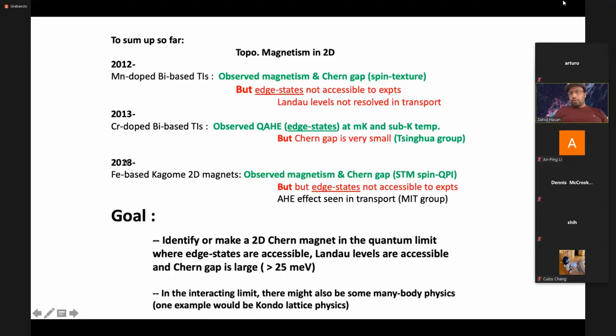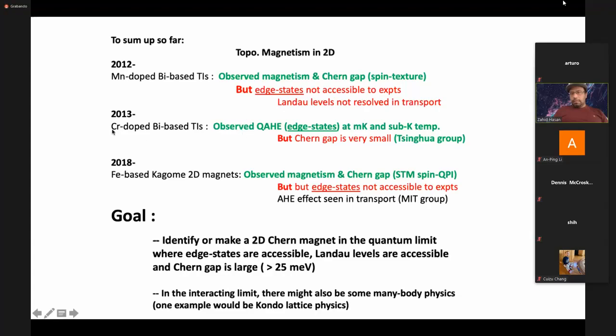So the goal around 2008 remained: identify or make a 2D Chern magnet in the quantum limit where edge states are accessible, the Landau levels are accessible, and the Chern gap is large, more than 25 millivolts, so that you can have a room temperature Chern insulator. That is the goal.